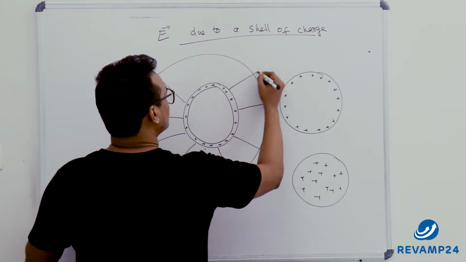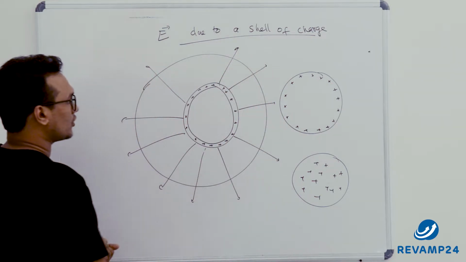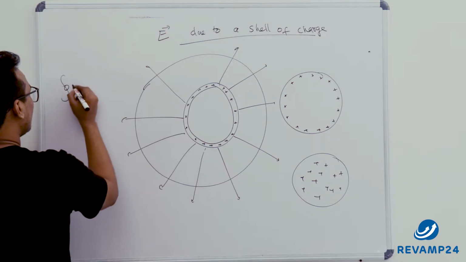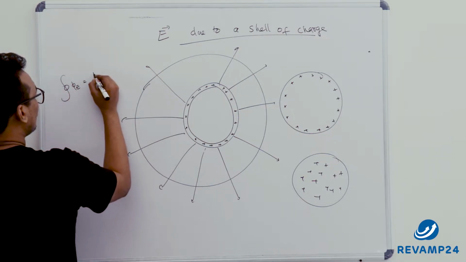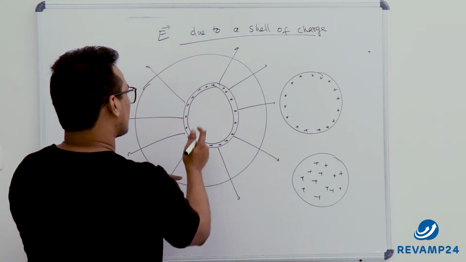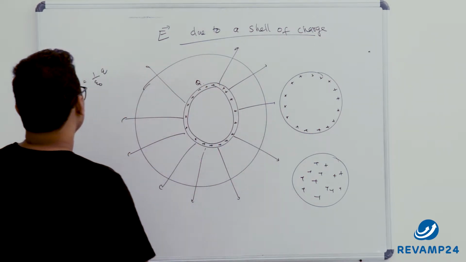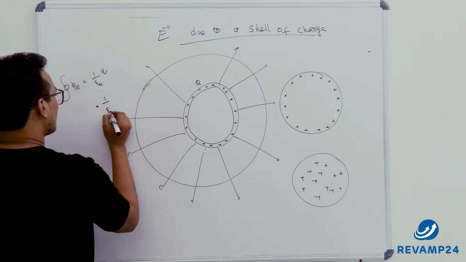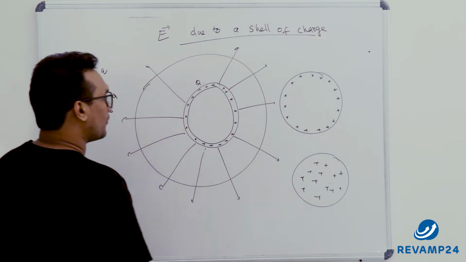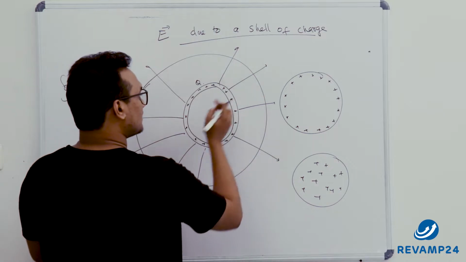As per Gauss's theorem, I can say the total flux is equal to 1 by epsilon 0 times the charge enclosed. Let's say the total charge is capital Q. So this will become 1 by epsilon 0 times Q, because that is the charge enclosed for points outside the shell.